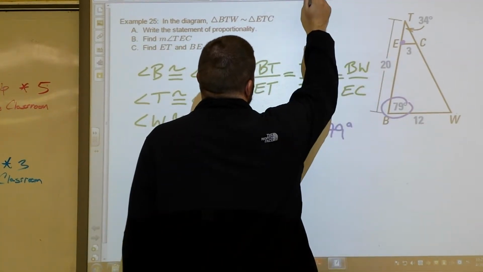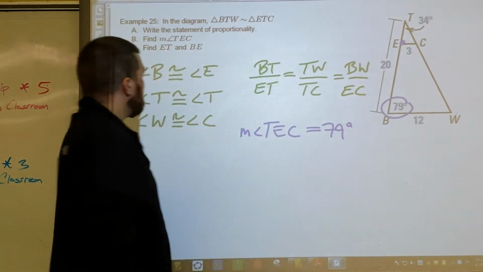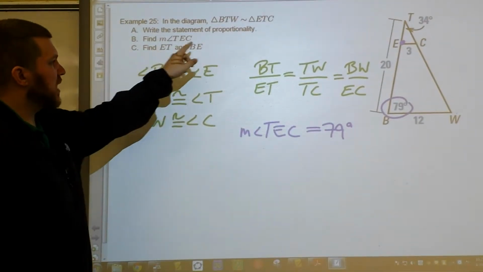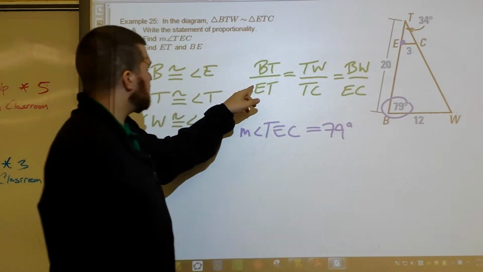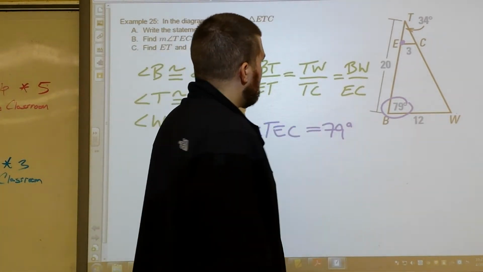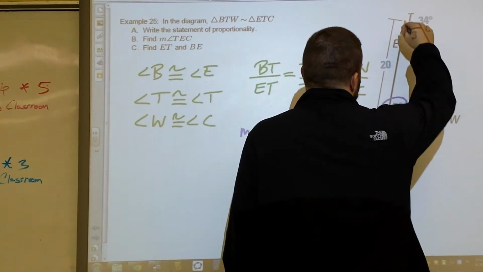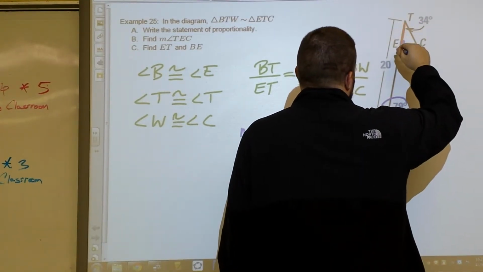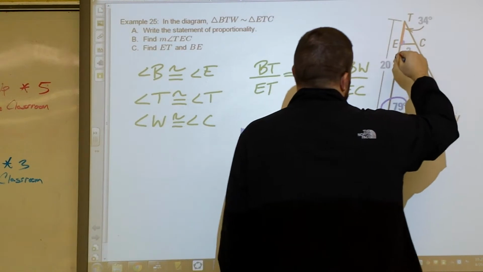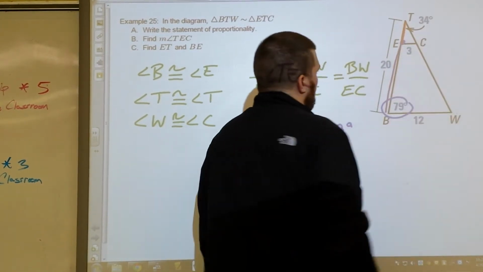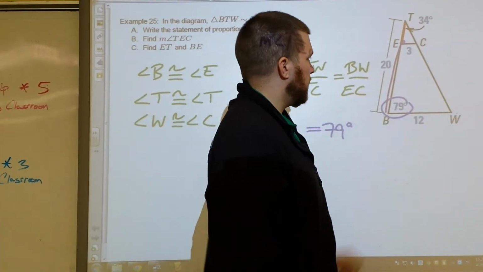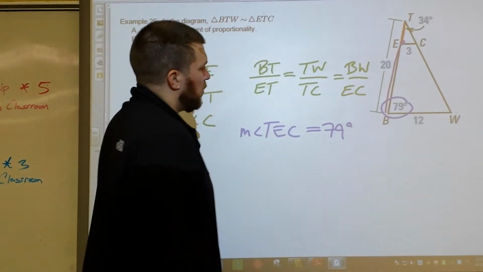And then finally, in part C, we want to find ET and BE. ET is this side right here, and BE is this side right here. We know the total length is 20. Let's set up our proportion with what we know.